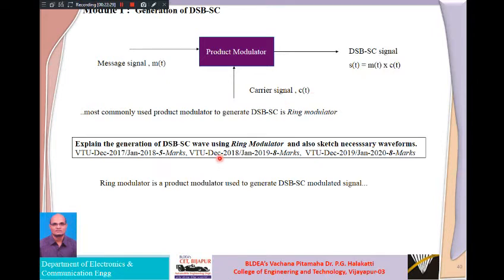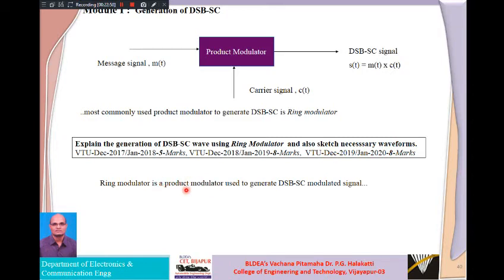This is very important, guys. I took two years of CVT question papers, and it has been asked three times, on average for 8 marks. So if you get this question, explain the generation of DSB-AC signal using a ring modulator and sketch the necessary waveforms, then you first start with this.